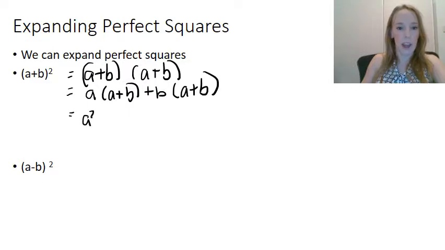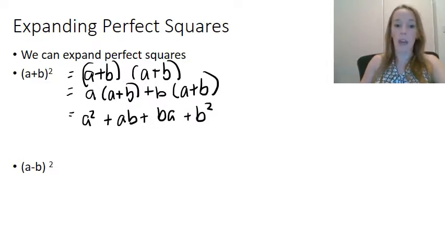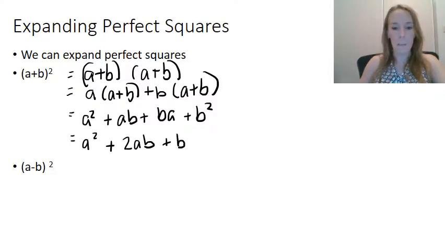So it'll leave us with a squared plus ab plus ba plus b squared, and we've got like terms there, so ab and ba are like terms. Remember, even though the variables are around the opposite way, they're still like terms. So a squared plus ab plus ba will leave us with 2ab plus b squared, and that's as far as we can go.